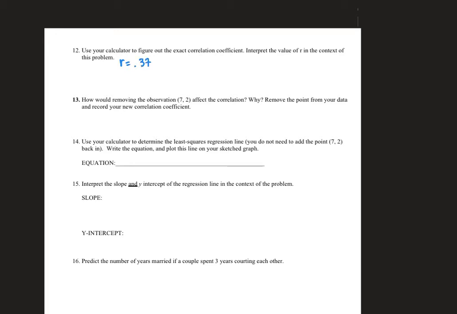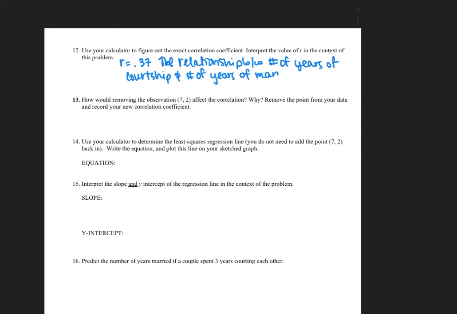So in terms of interpreting it, we're going to say the relationship between the number of years of courtship and number of years of marriage before divorce is weak because of the outlier.